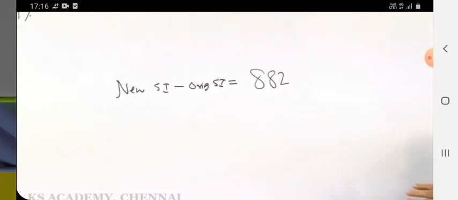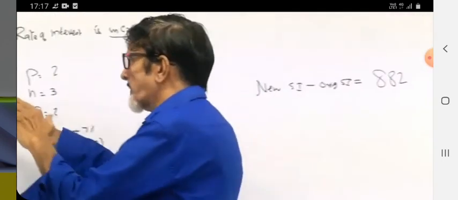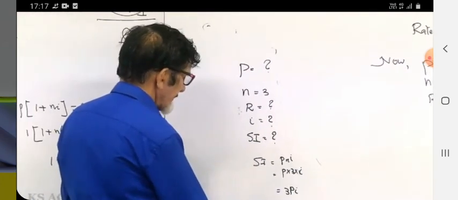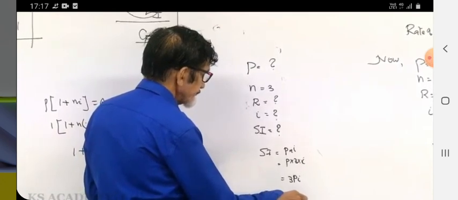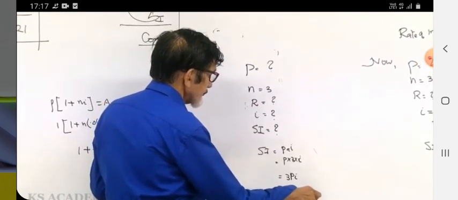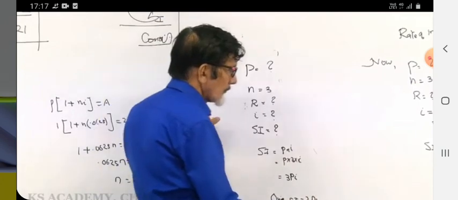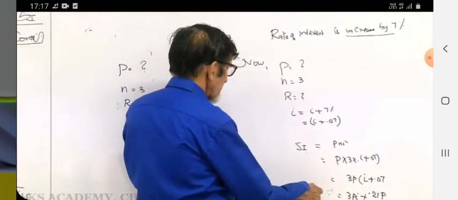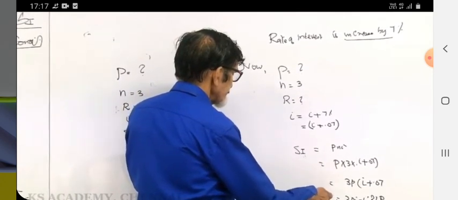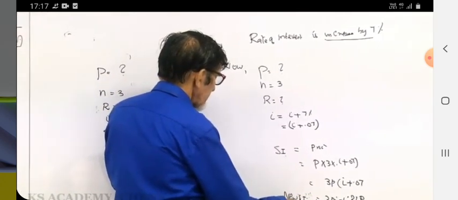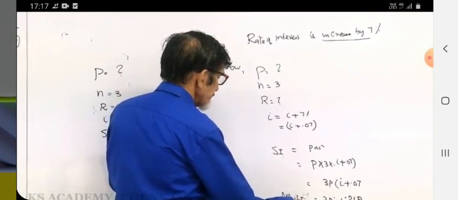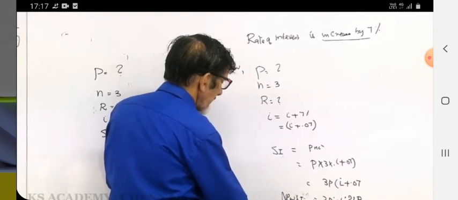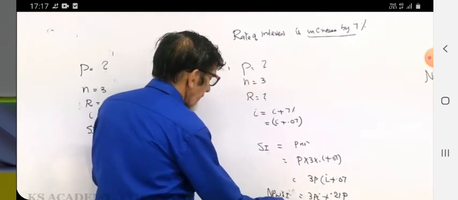This is the original SI. This is normal. Nothing is changed, it is as it is. So original SI. This is the new SI, after the increase of rate of interest.